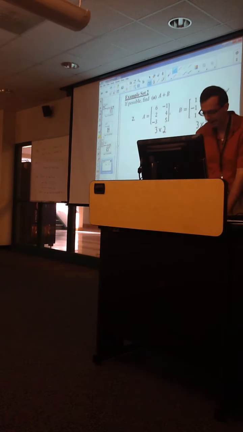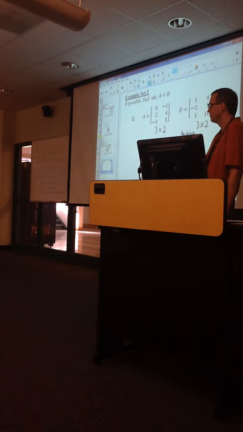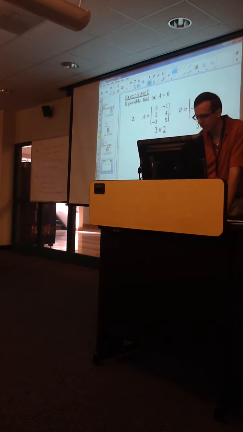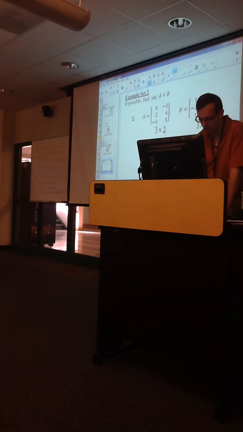If they were different sizes, I wouldn't even begin to add or subtract these matrices. I would just immediately say, cannot do it. So always inspect their sizes first, just to make sure that they're the same. If they're not the same, you're done. You just say, cannot do it. If you're adding the 2 matrices together or subtracting them, you simply cannot do it if they're different sizes. So remember that.